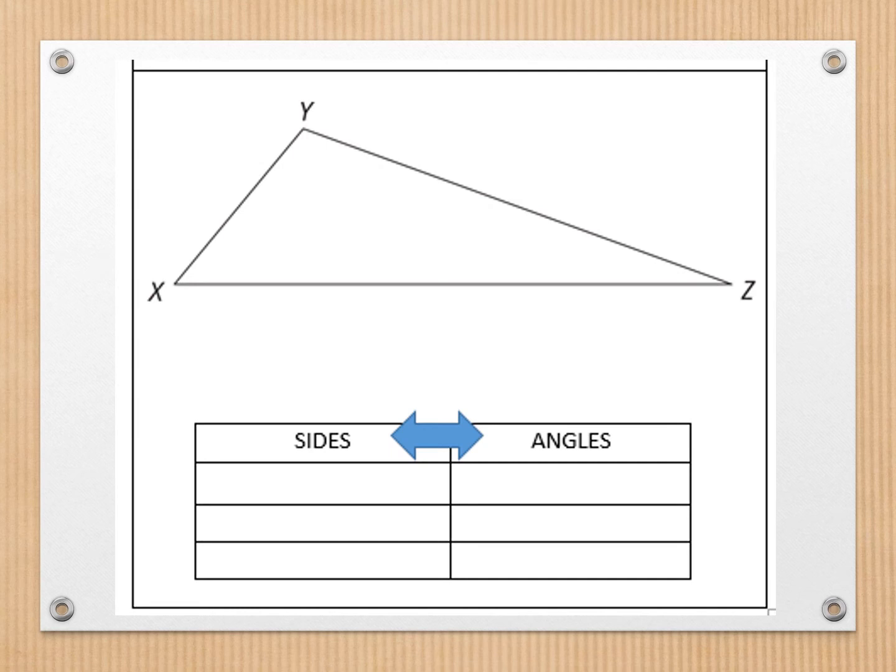So let's look in here then how these are going to relate. If I'm talking about the angle x, the side that x has an effect on would be the side yz. If I look at y, the angle y is going to have an effect on the side xz.